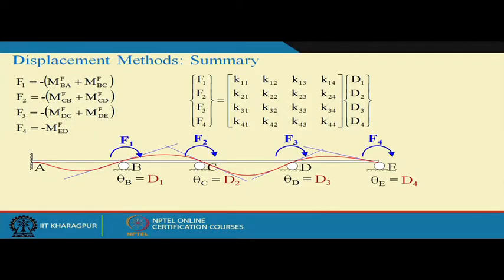Once we know this relation, we assemble all the subsystems to get the global system equation for the entire system. Let's take any one span of this beam and see what the force displacement relation would be for that span; a similar relation can be obtained for any span. So let's take one span AB.